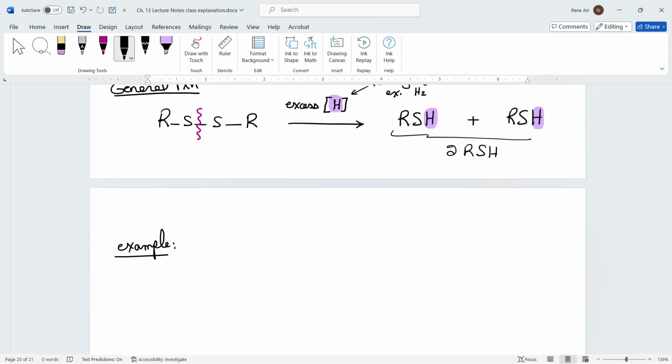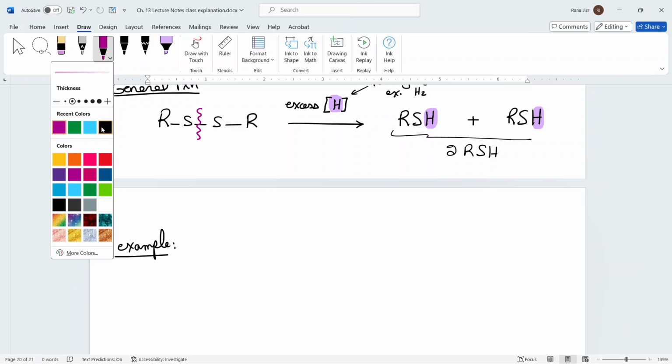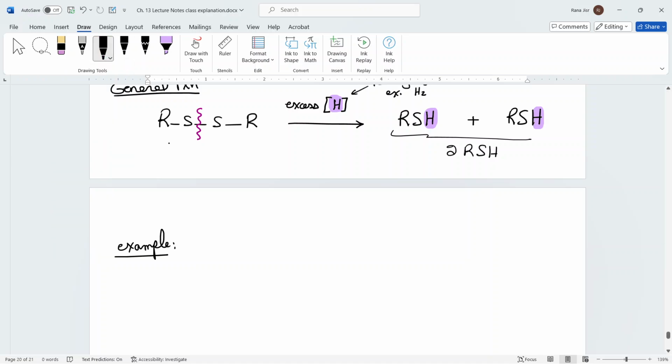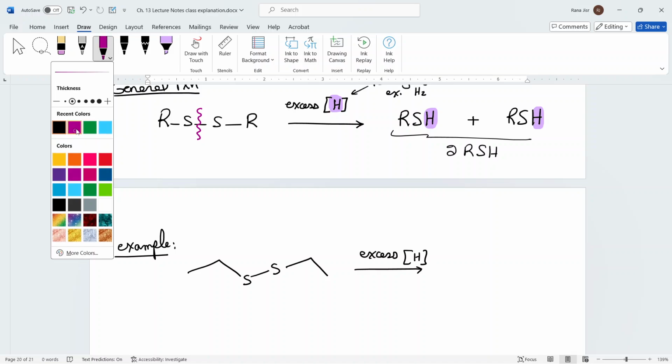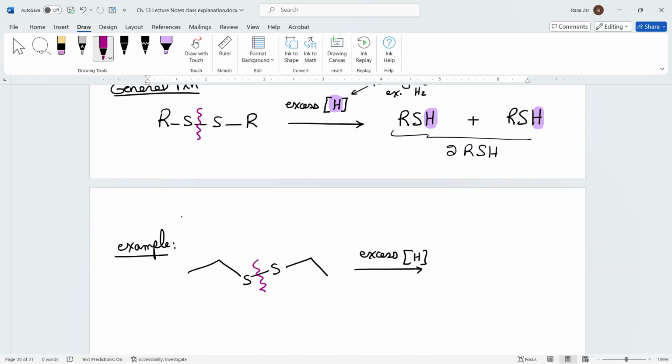Okay, let's have an example. We're going to have an example of a symmetrical and an unsymmetrical disulfide. If I have something like this, I missed the sulfur. So here you go. This is a symmetrical disulfide, and I am using excess of the reducing agent. As we mentioned, we are going to break the disulfide bond.